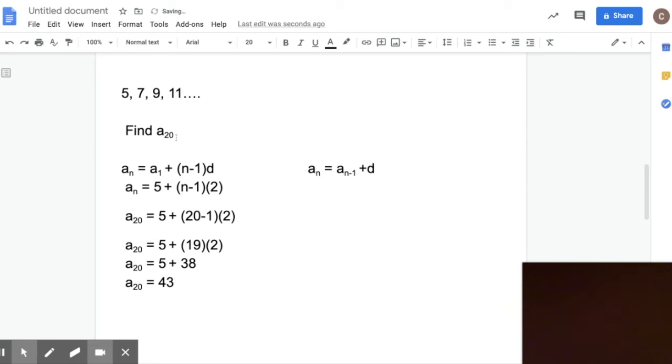We have now found the 20th term in this sequence. Isn't that cool? What if they asked for the 101st term? Wow, I'm totally going to use explicit so I don't have to go on forever. So if we want to find the 101st term, my n is now 101.